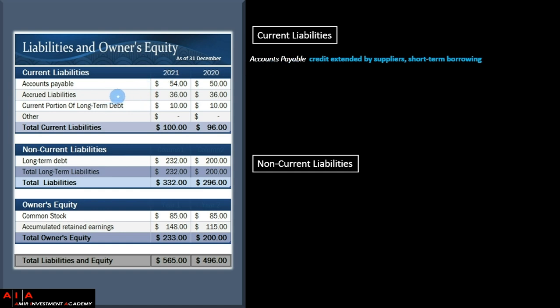Okay, the next line is accrued liabilities. Accrued liabilities are unpaid operating expenses. All right, so whatever is related to operations, that is unpaid operating expenses, are accrued liabilities, and the most famous example of it is the money due to workers but not yet paid.